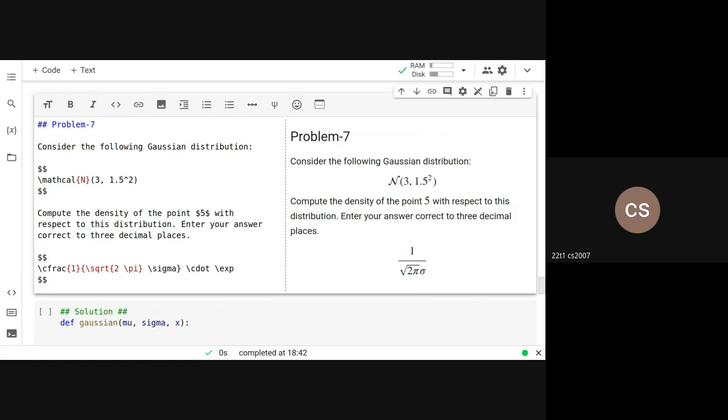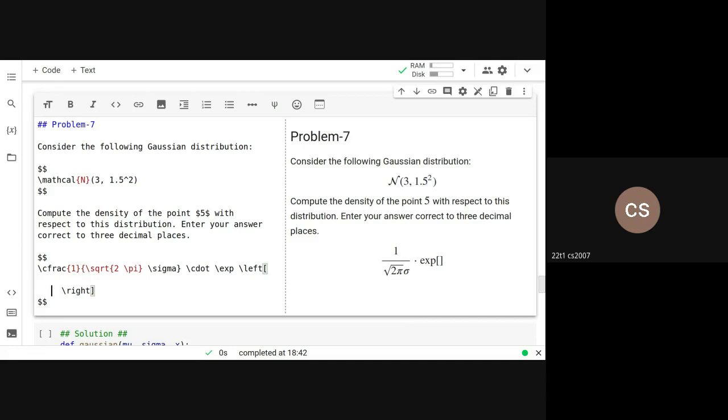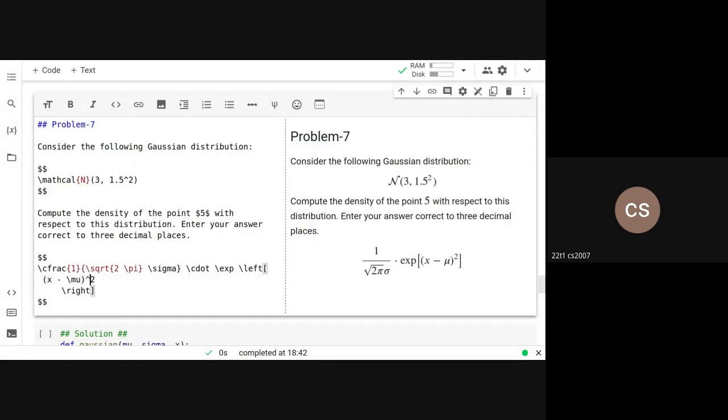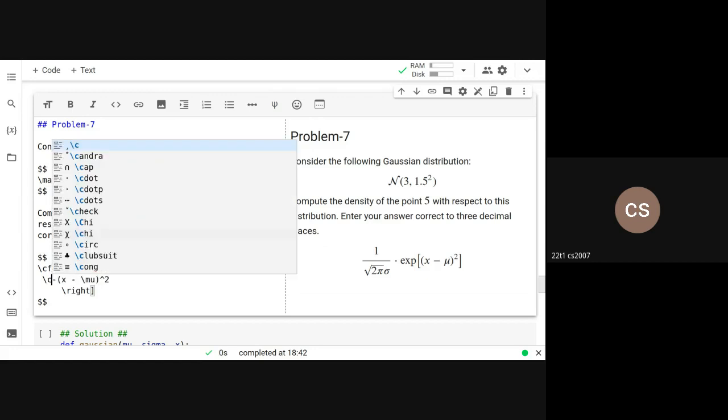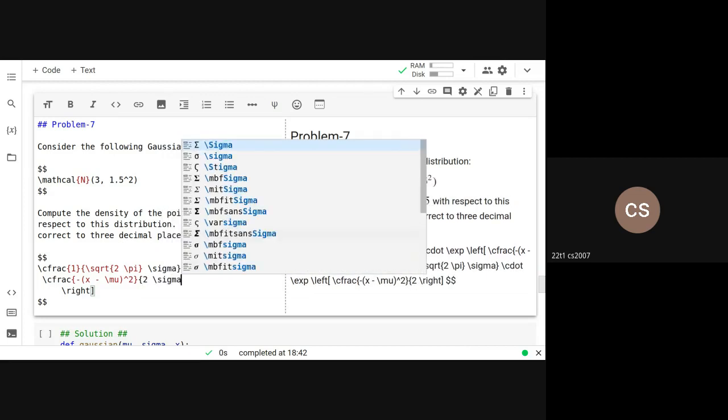Then we have the other part, in LaTeX, in case some of you are wondering what this is. I'm opening and closing the brackets, and within I'm going to write x minus mu whole square. There should be a minus sign, and you divide that by 2 sigma square.